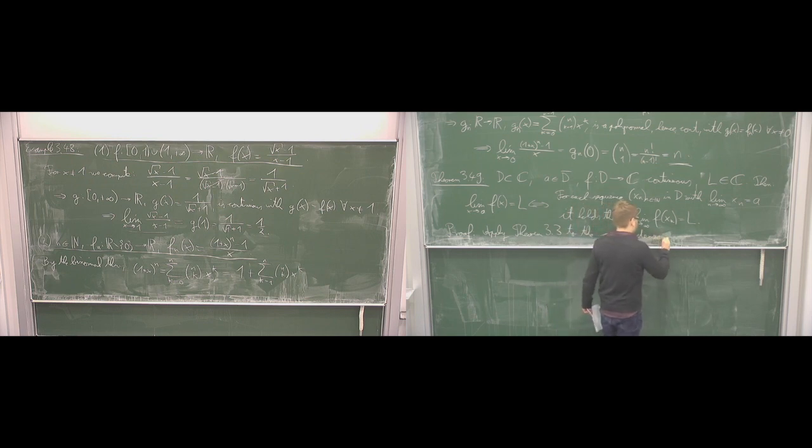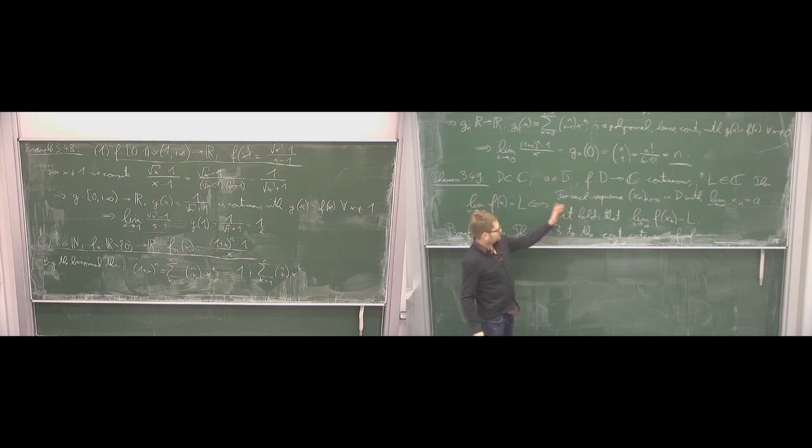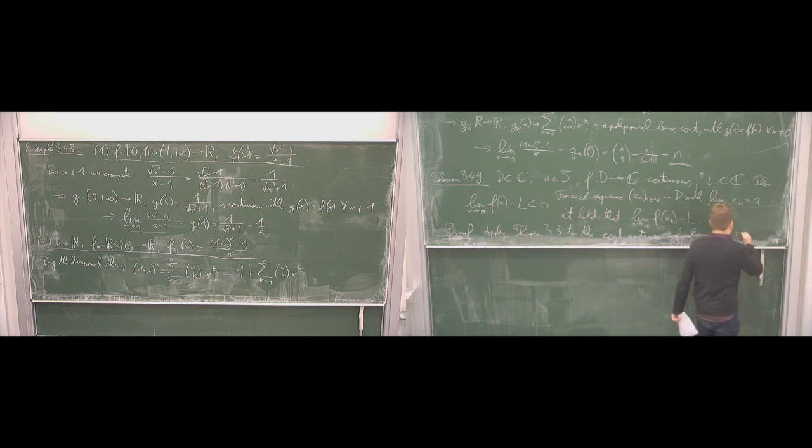The sequential continuity was an equivalence, and this direction here is all contained in the sequential continuity property. Okay, so this is kind of why we call this a limit.